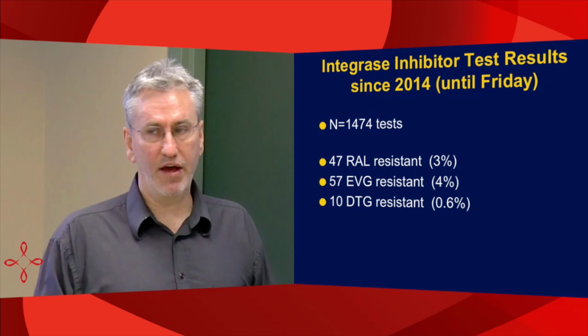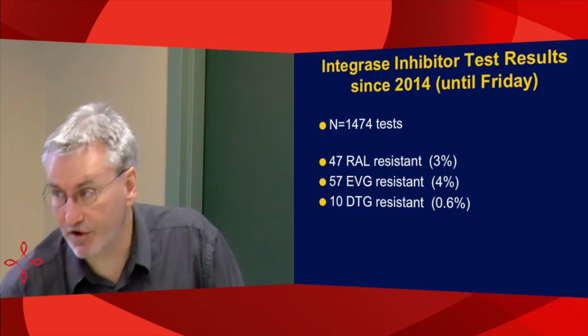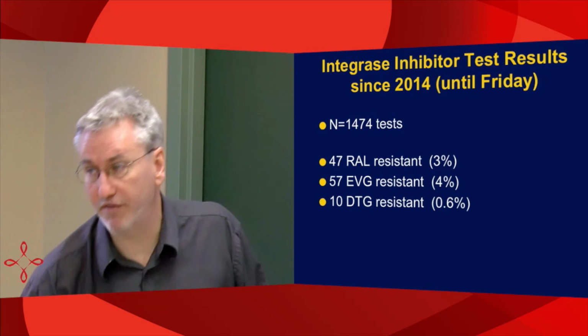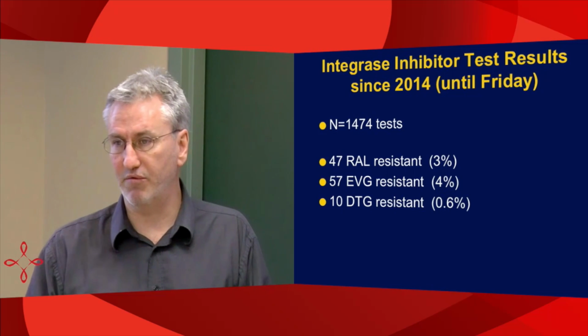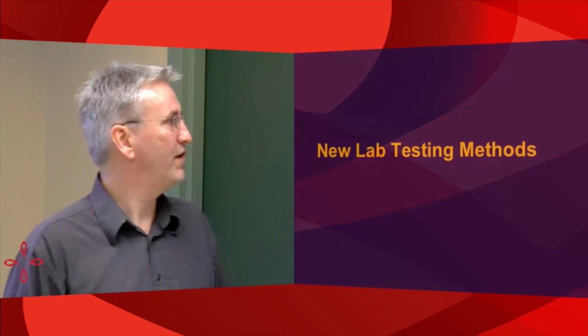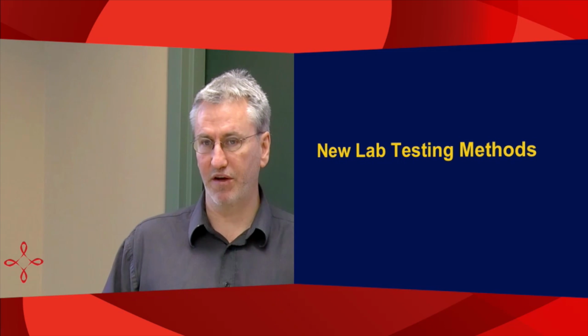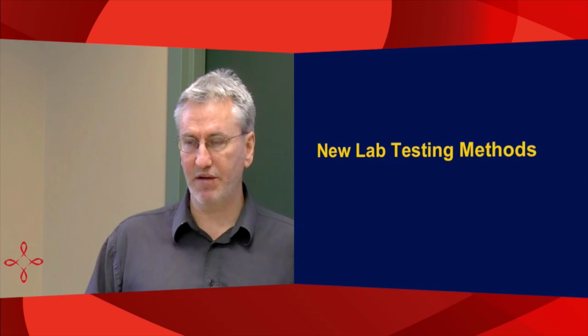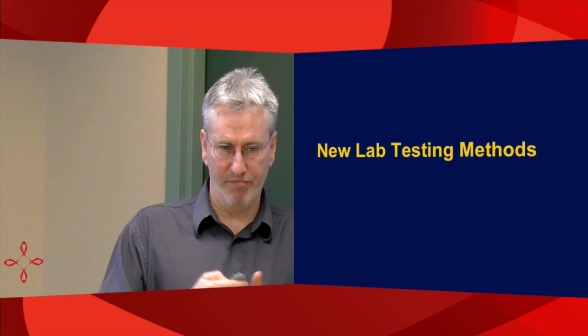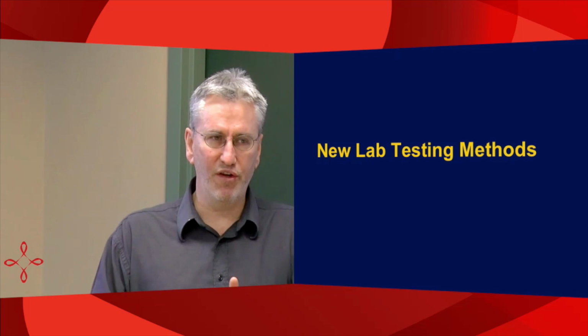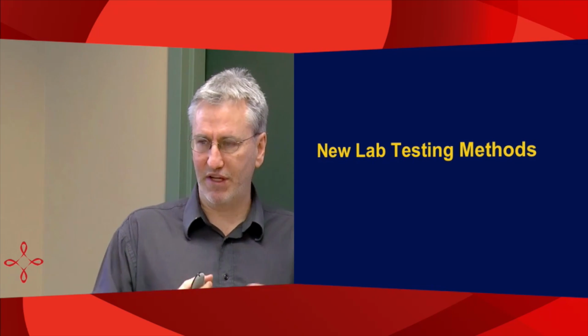So clearly it's happening. We don't know much about the treatment history of these patients outside the ones from BC, though. We are trying to come up with new lab testing methods that are based on next generation sequencing methods that will essentially look no different to you from the outside.